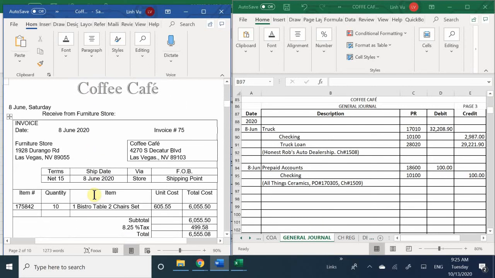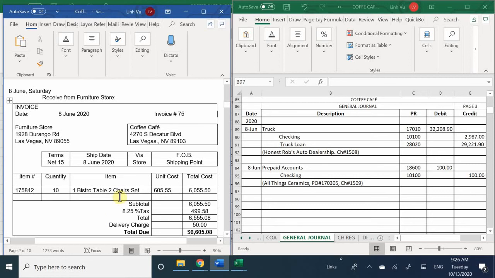What has happened next? We received our furniture. What specifically did we receive? Bistro table and chair sets. Perfect. We received our bistro tables and chairs.